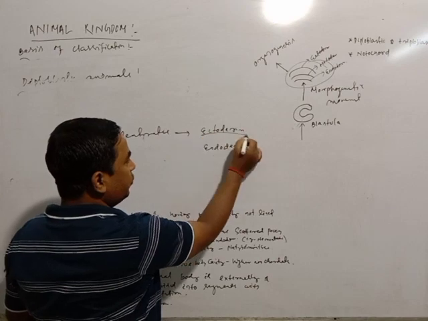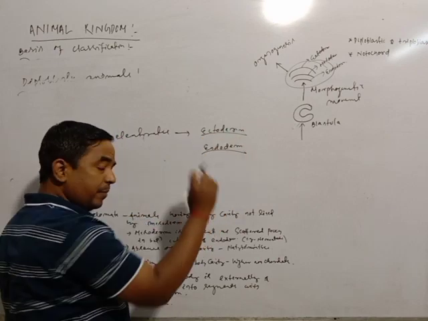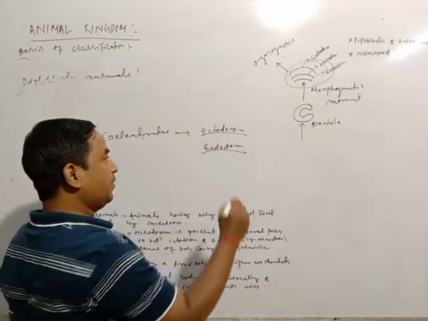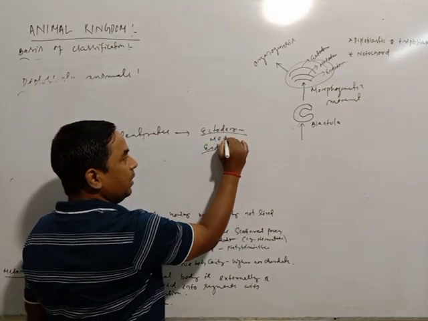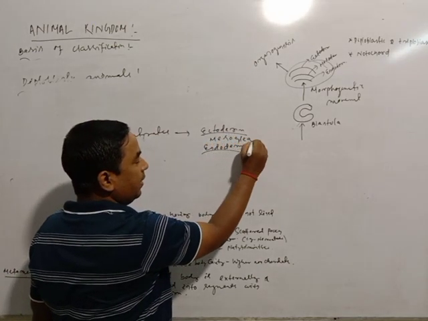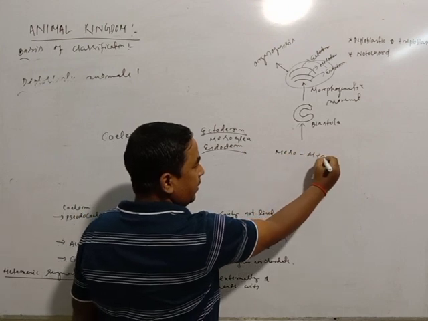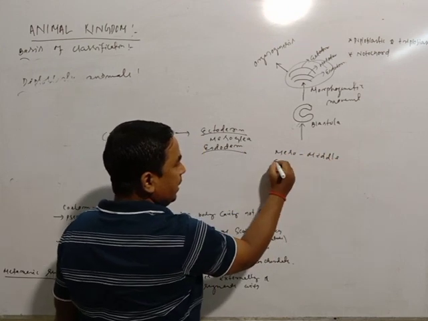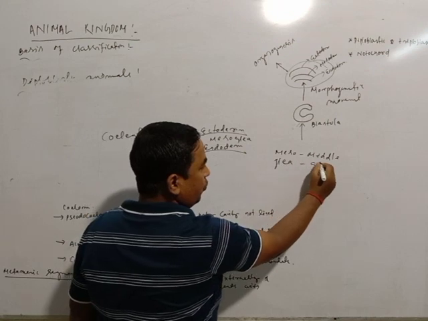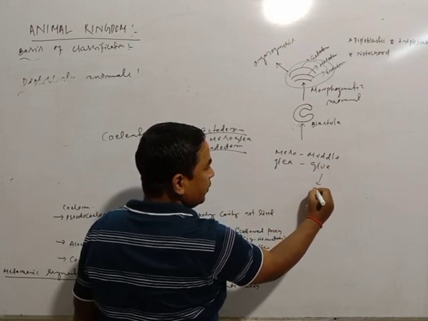In between these two layers, there is a cementing adhesive substance present called mesoglea. See, meso means middle, glea means glue, glue means adhesive.